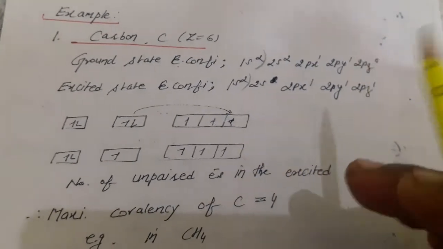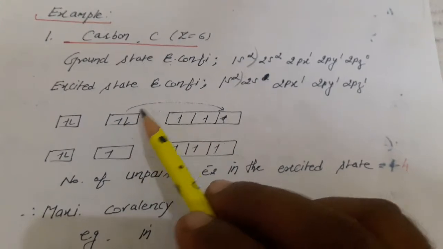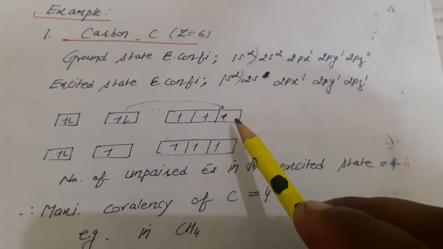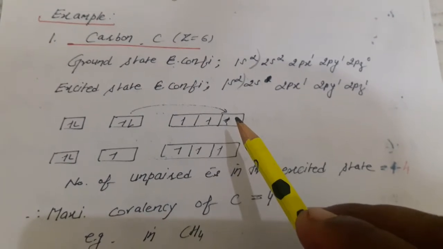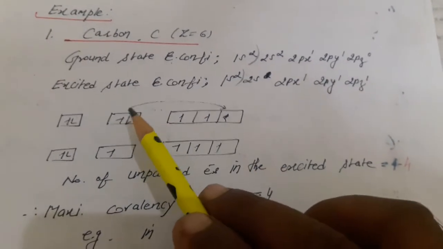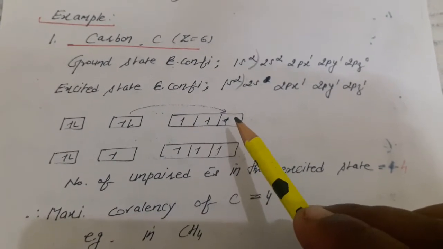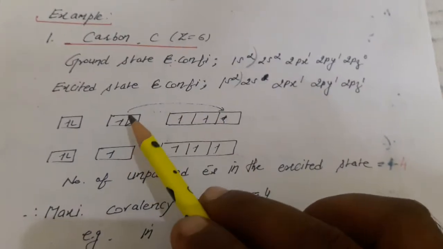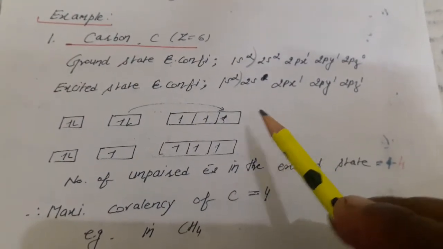In the first excited state, a paired electron will be excited into the next vacant d orbital or p orbital. If a vacant orbital is available in p, then excitation will take place in p, and if the electron is already present there, the excitation will take place in the next available vacant d orbital.